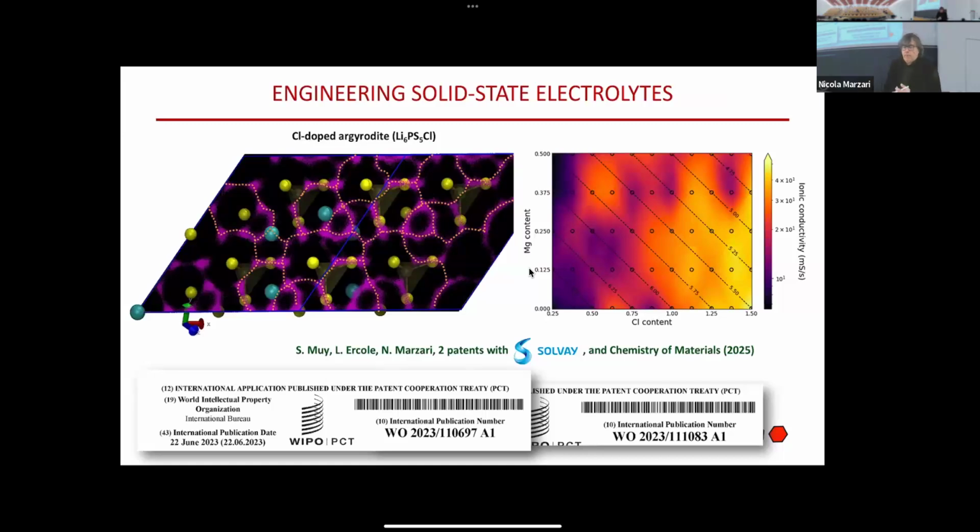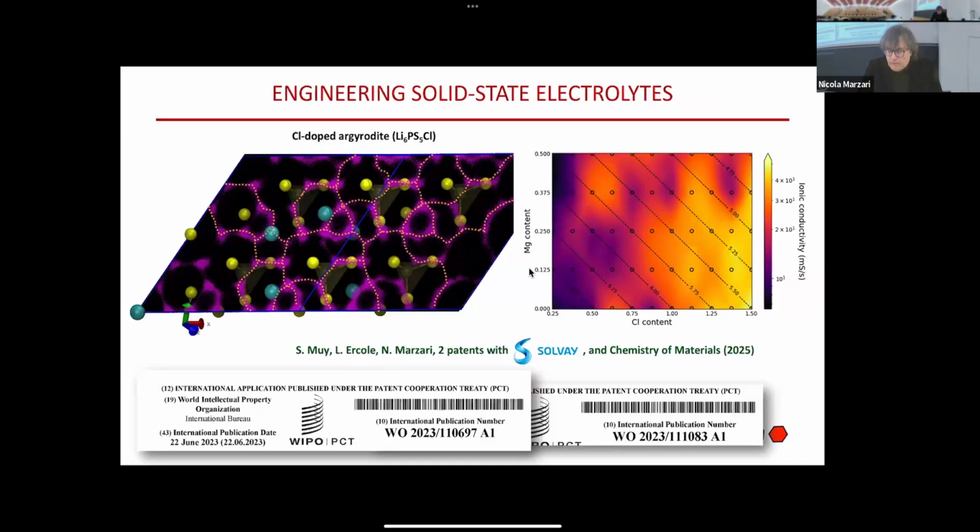An applied example: working with a company, Solvay, that has argyrodites as a platform for their solid-state batteries. We could understand what the dopants and co-dopants are that are most favorable, so the energetics and thermodynamics of doping.